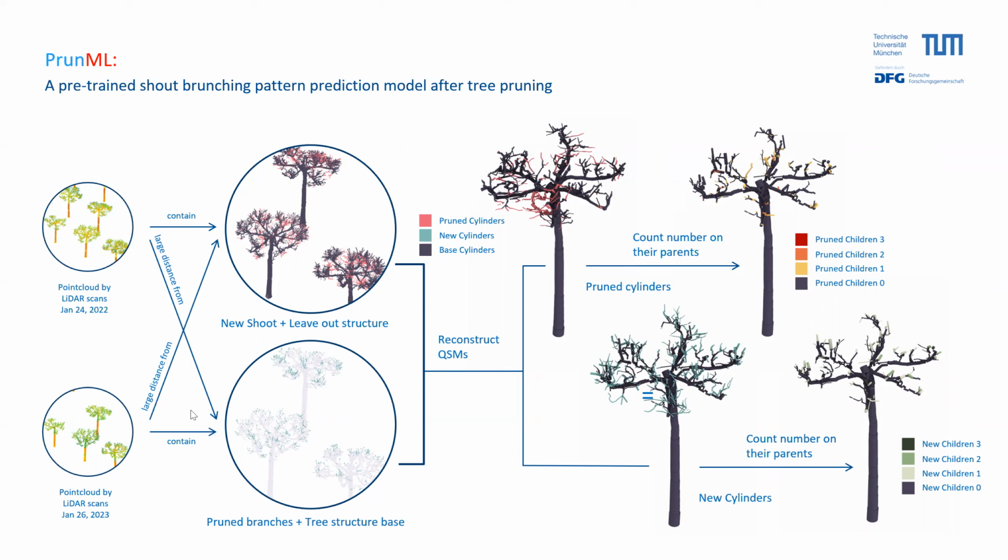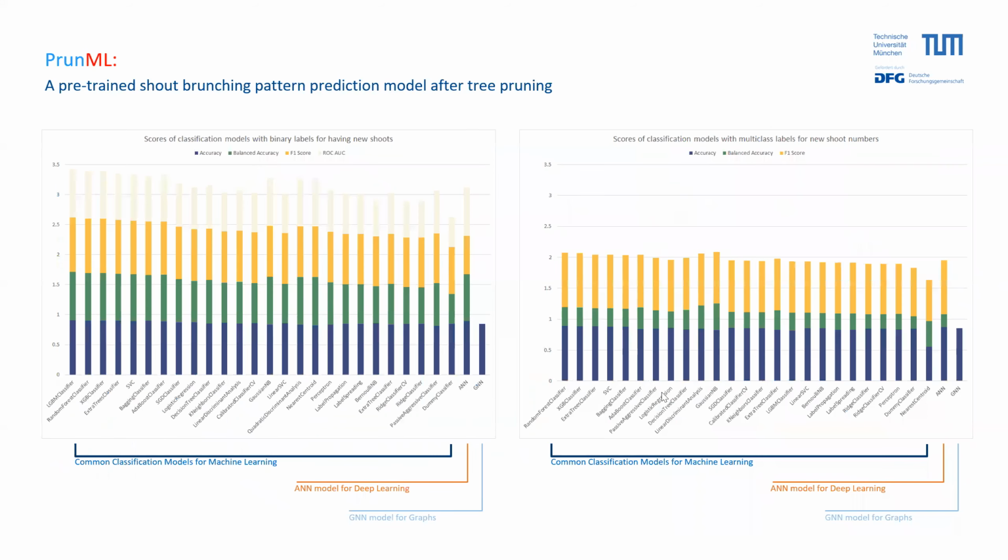By calculating the cloud-to-cloud distance between these two sets of scans, we detected which branches were new shoots and which were pruned away. Then, as shown on the right side, we labeled each cylinder with this information. And finally, we fed all these structured data into classification models for testing their performance.